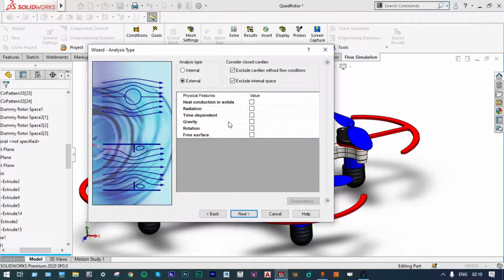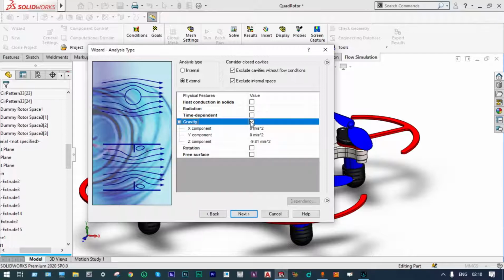Definitely gravity will be involved, as the buoyant force will be moving up and the gravity will be acting downwards. That means the weight of the quad rotor will be moving down and the upthrust will be moving up, and the difference of these two is creating the upward movement of this quad rotor. So the gravity direction, you can see from here, it will be y.